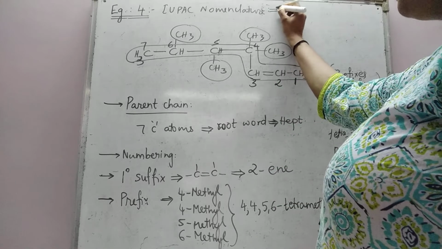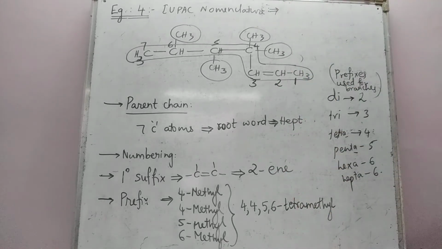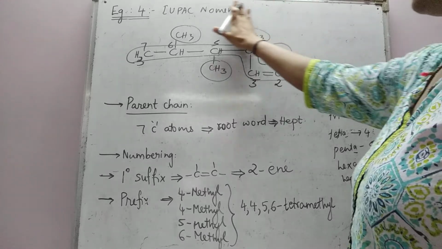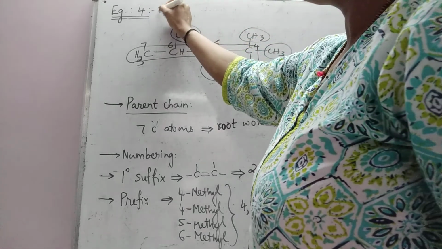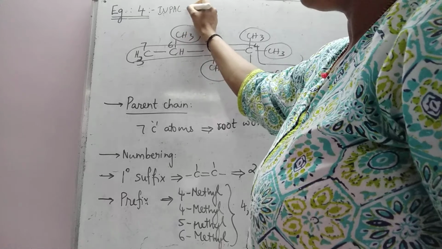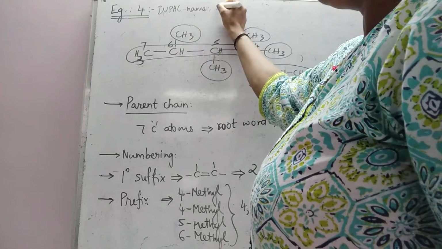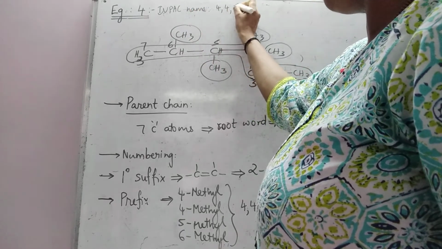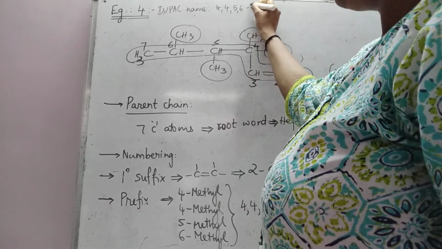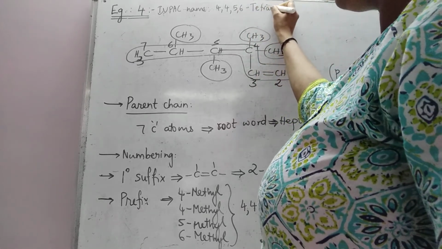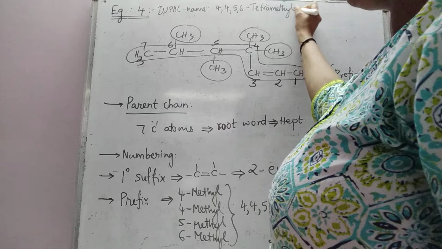So what will be the IUPAC name? I'll write the IUPAC name here. It is 4,4,5,6-tetramethyl. First we have written the prefix.